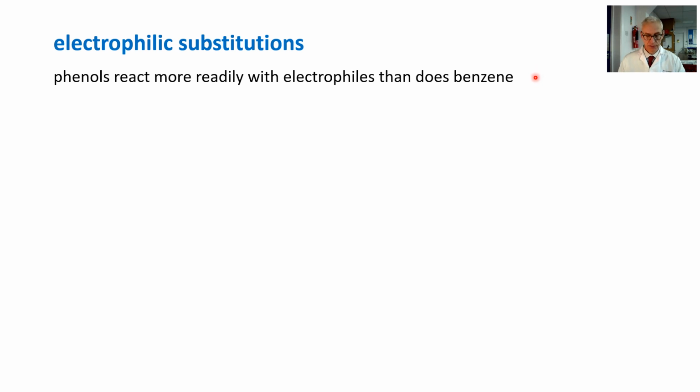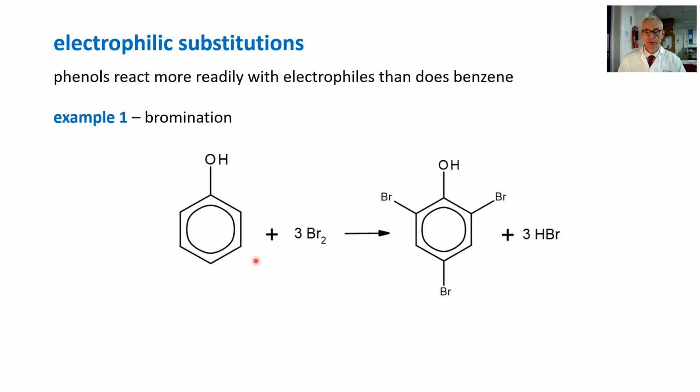So if we look at a first example, which would be bromination, then for the full equation we see phenol and 3 bromines react to give you a tribromo compound, and obviously as a waste product 3 hydrogen bromides. But we'll contrast that reaction with the reaction with benzene, which went to the mono halo product.